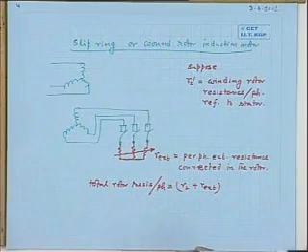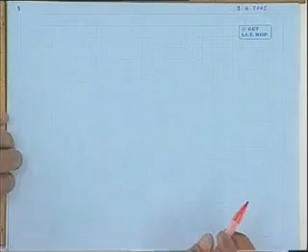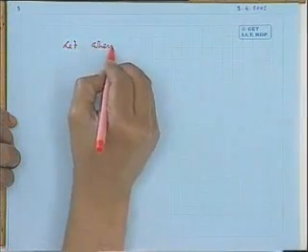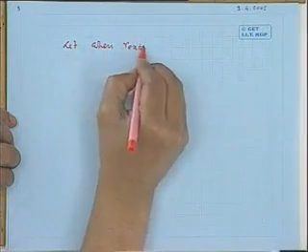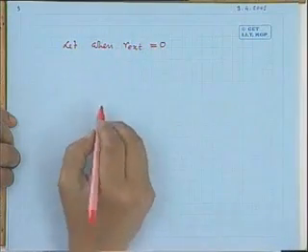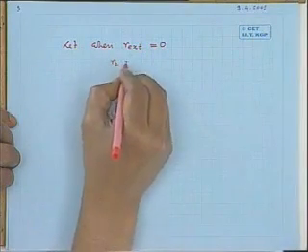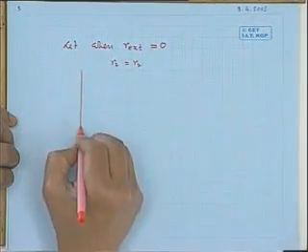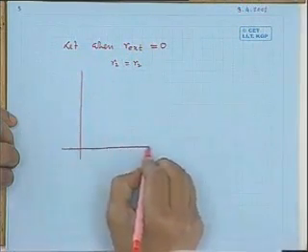Now, if I do that, what happens to the torque slip characteristics that we want to study? Let us see. We know that when R external is equal to 0, then the rotor resistance was R2 only. And what was the torque slip characteristics?